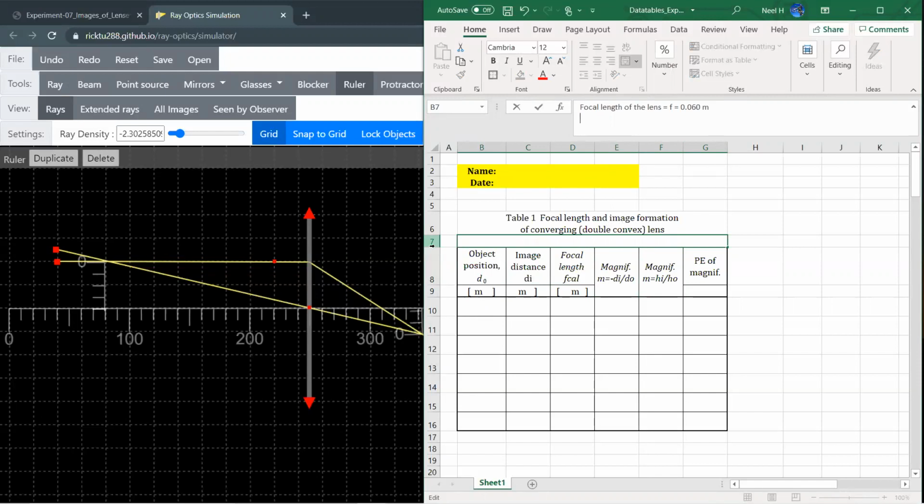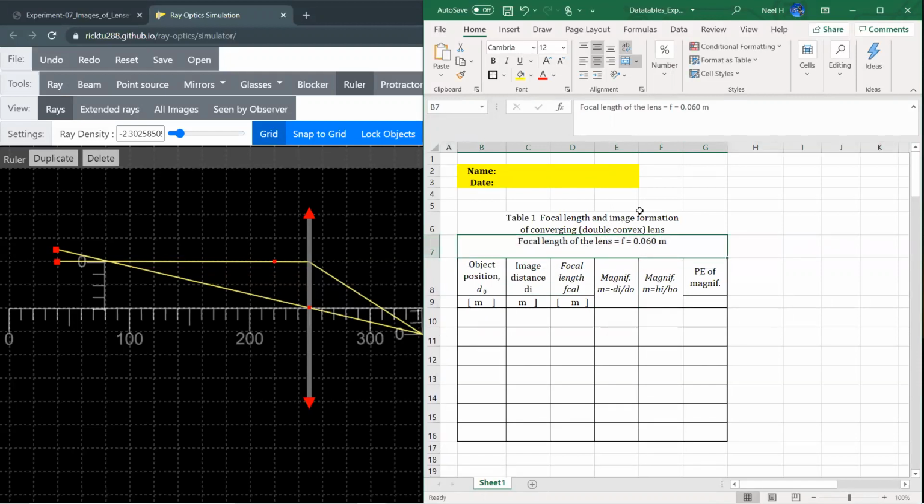So the height of the object right now, let's add 2, the focal length of the lens and the height of the object.